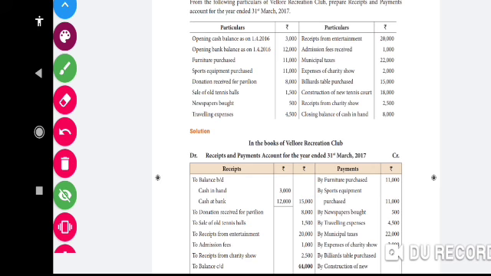Next one, expenses of charity show is a payment side. Bills receivable table purchase is a payment side. Construction of new tennis court is a payment side. Next one, receipt from charity show is a receipt side. Last one, closing balance cash in hand is a payment side.